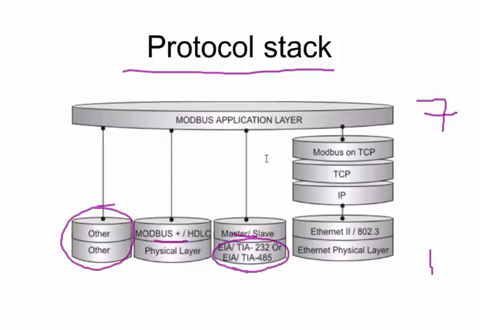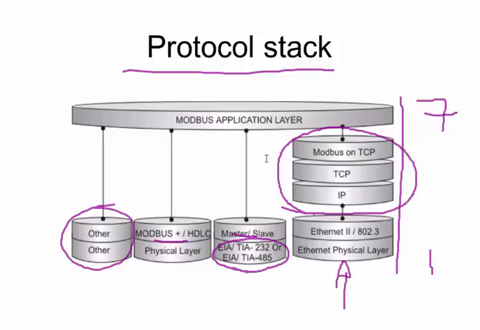Next week, as we'll see, it sits on the whole stack: the application feeds it down through the OSI stack all the way down and over Ethernet. These are the two variants we're covering, topic 1 and topic 2.